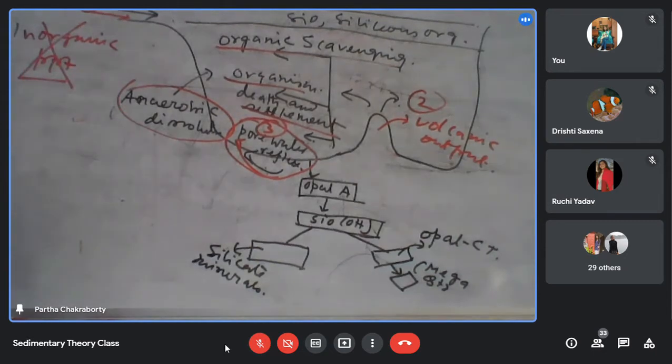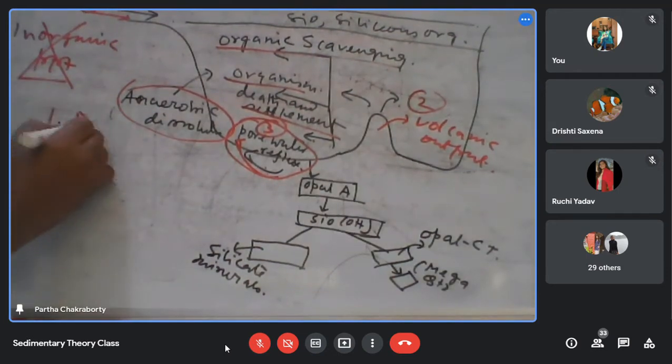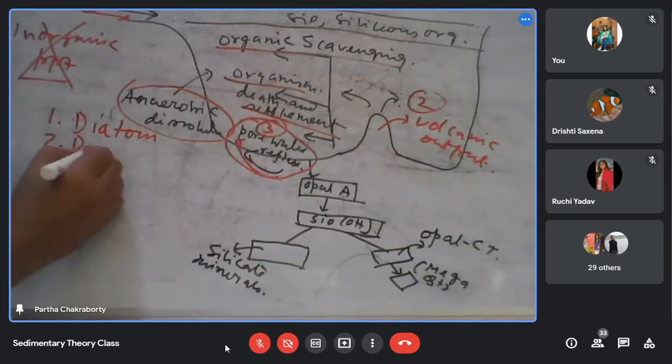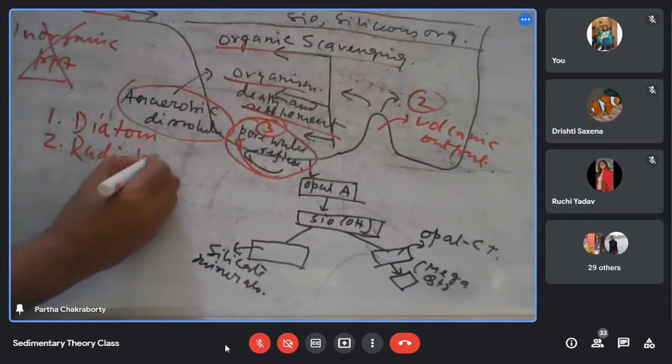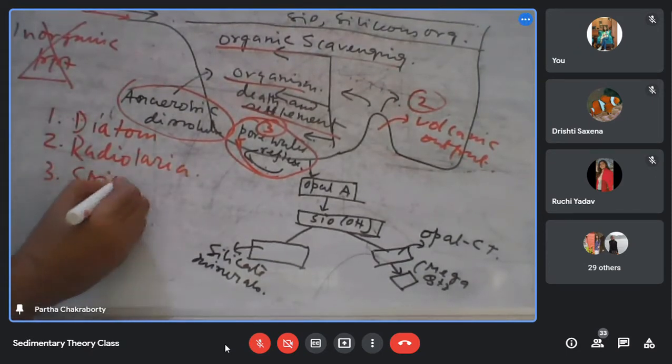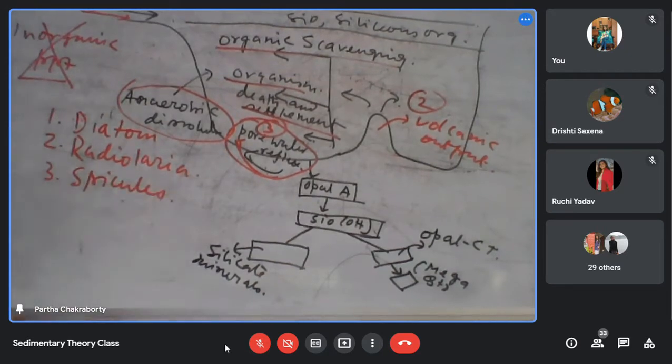That means, what is organic scavenging? The organisms are scavenging the silica from the water column and making their tests. What are those organisms? Number one, diatoms. Number two, radiolarians. Number three, sponge spicules.